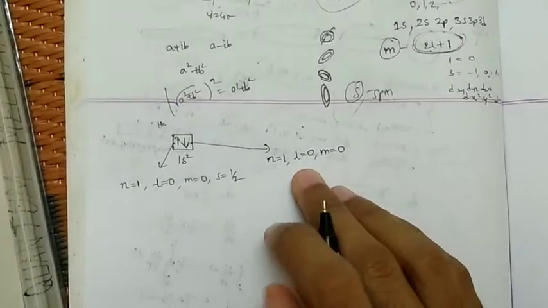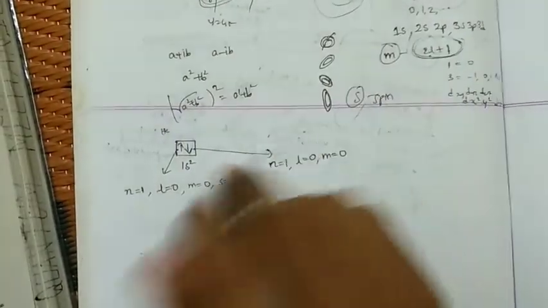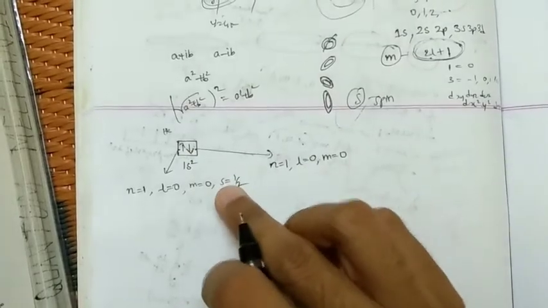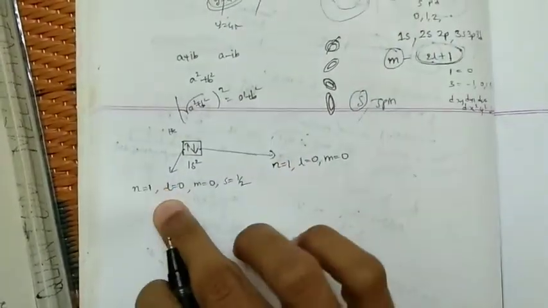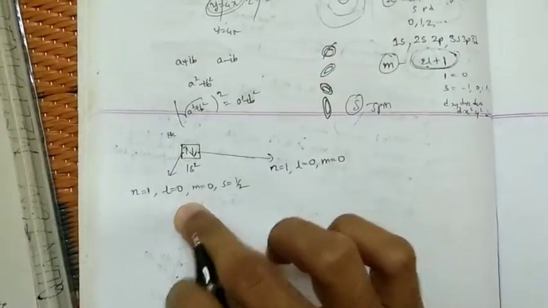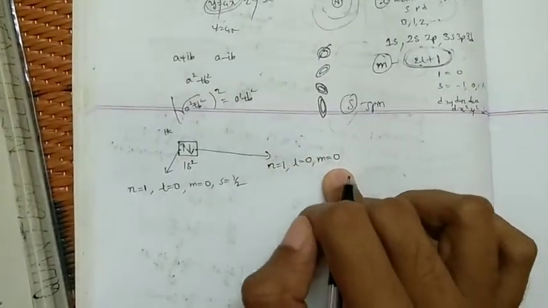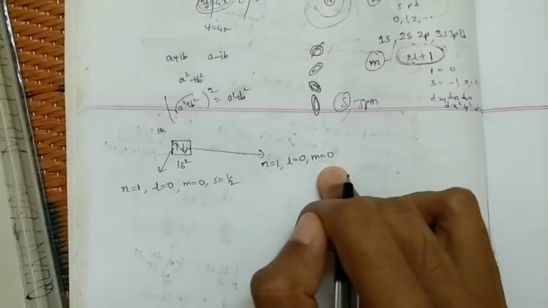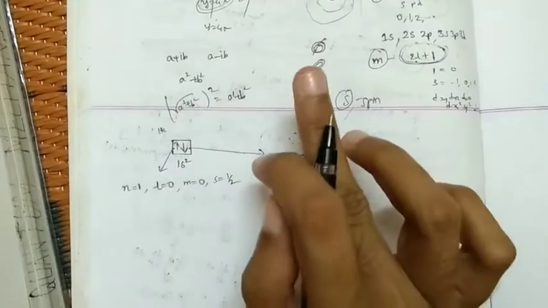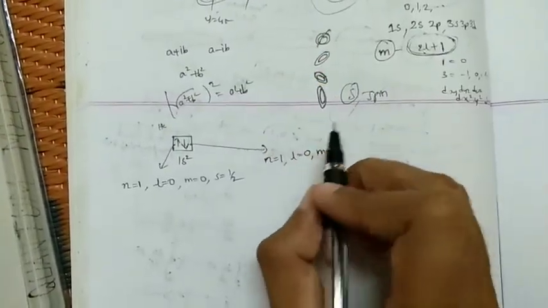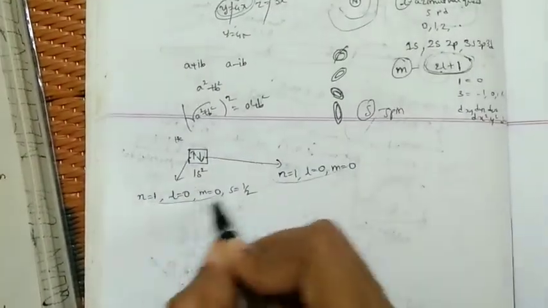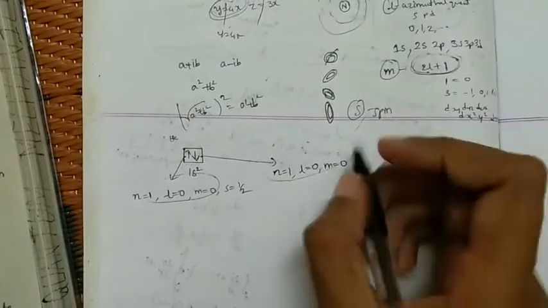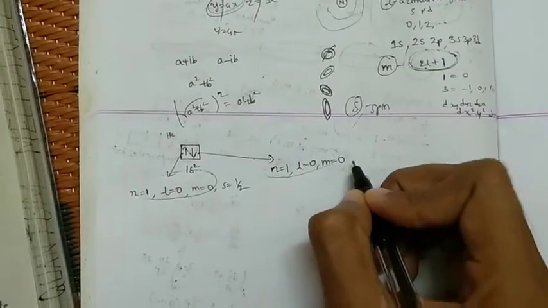Spin equals half is there already. Here n equals 1, here also n equals 1. Here l equals 0, here l equals 0. Here m equals 0, here m equals 0. But Pauli's exclusion principle says that no two electrons can have all 4 quantum numbers the same. So for these 2 electrons, these 3 quantum numbers are the same, so the 4th quantum number for this electron definitely should change.